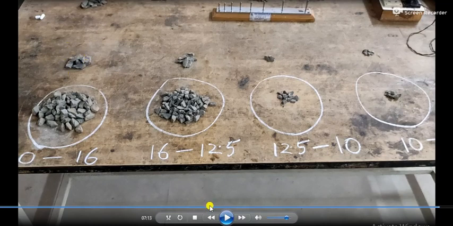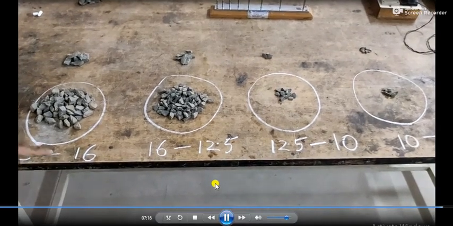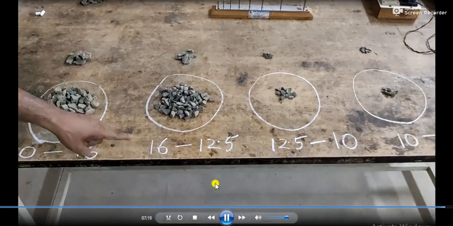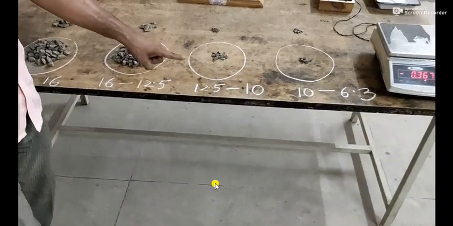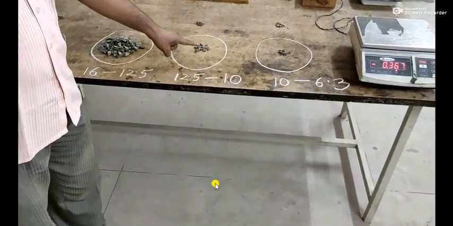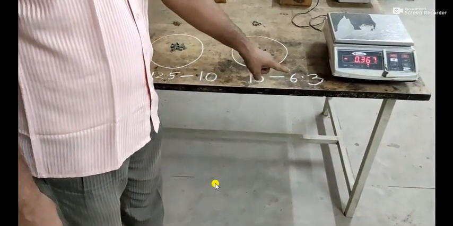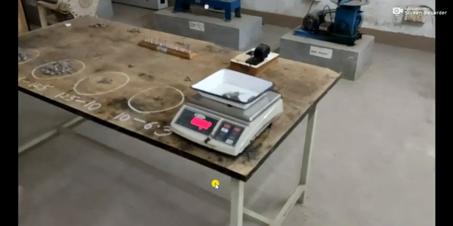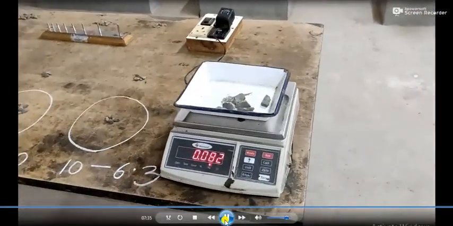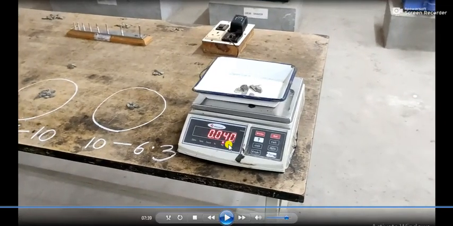Now this retained material should be taken for the calculation of the elongation index value, and we will need to take the weight of them separately. Obviously, all the calculations are not shown here. We will be sending you the manuals required for the calculation, and with the help of that you can easily get the values.